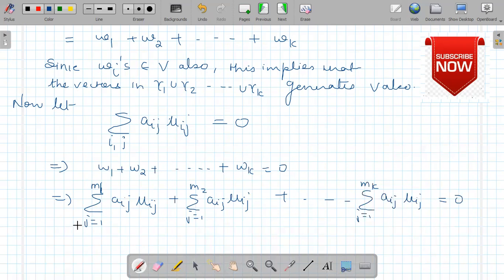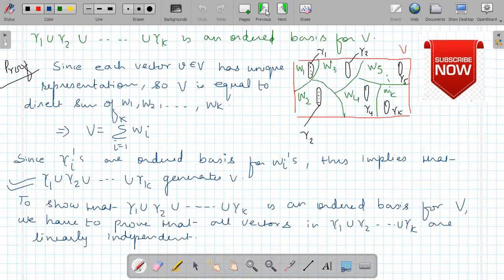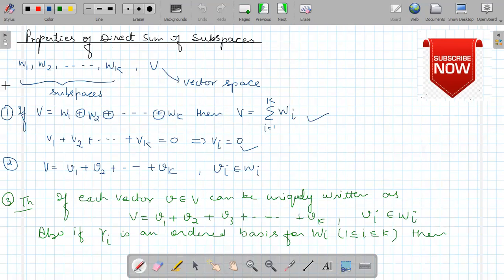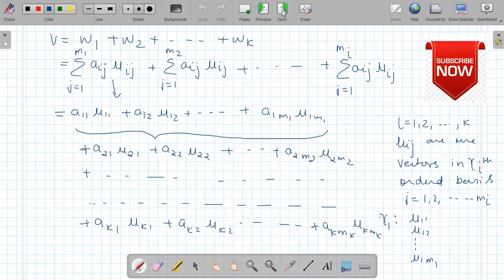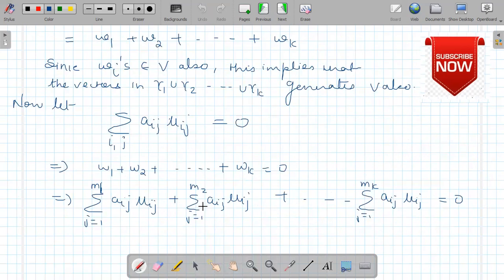Now, since you can see that we are given that each of the vector in the vector space V has unique representation. Okay, so when the sum of the vectors is coming out to be 0, that means each of the vector will be equal to 0. Means each of the Wi would be equal to 0.